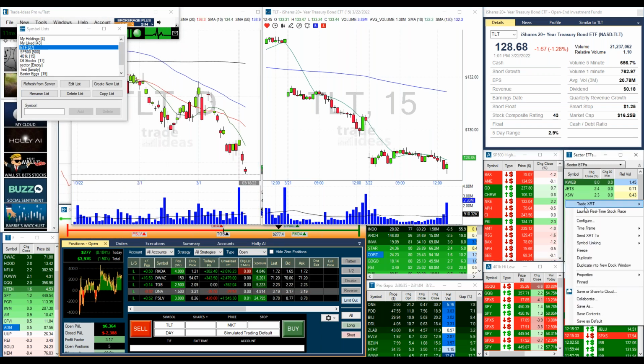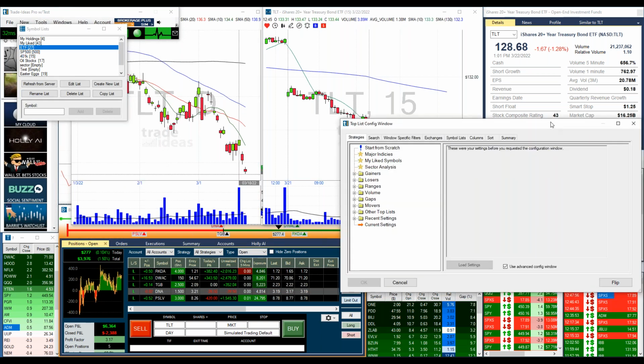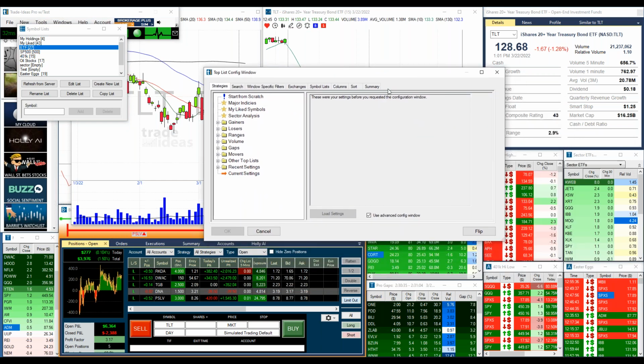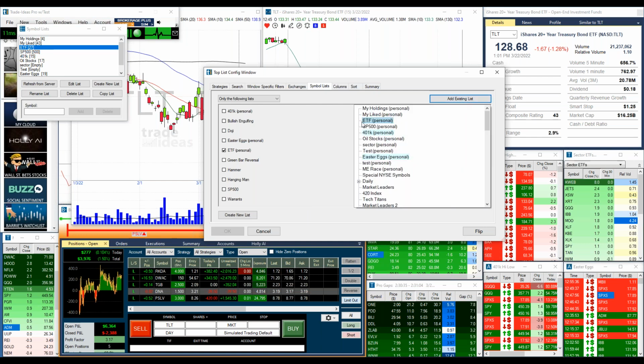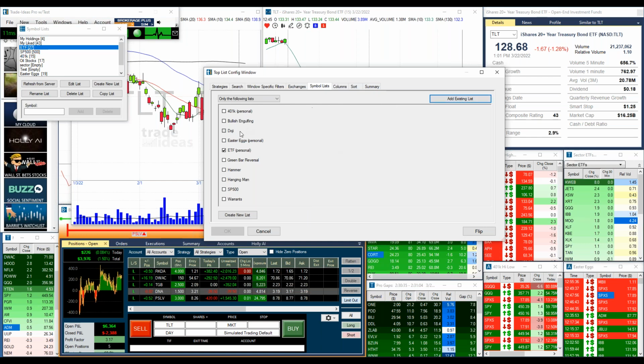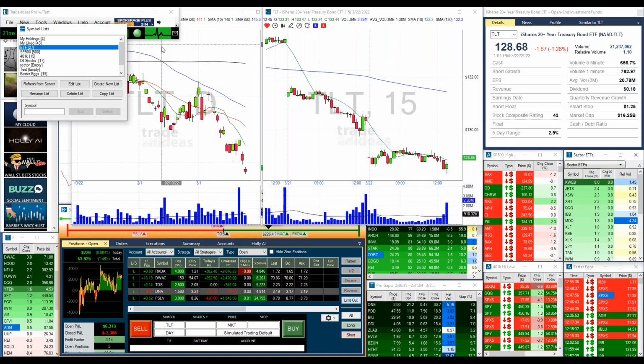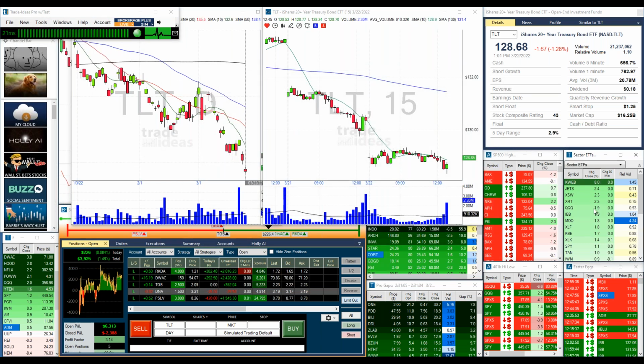Step two is when you've got the scan loaded up, you want to point that towards your symbol list. So you configure symbol list, you have to go here first. Add an existing list. You'll find the one that you just created, you enable it, and then you check it off right there. And it's only going to look at those symbols that you've created. It's a very nice way to keep track of the sectors throughout the day, which also is another great feature for the car racing, to see who's kind of heating up during the day.